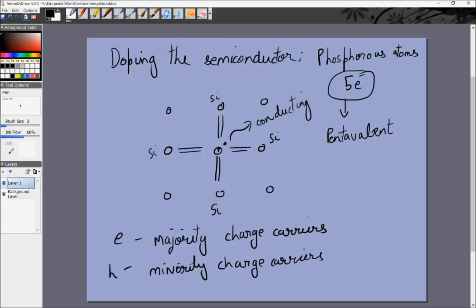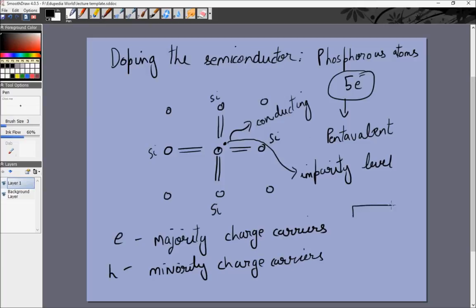Now the interesting thing about this is that this extra electron has an energy level which we refer to as the impurity level, and because all the others have been filled, this electron has an impurity level, or the energy level, which is just slightly below the conduction band of silicon.